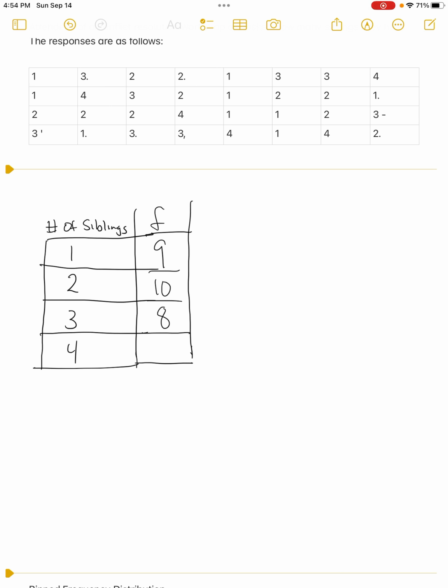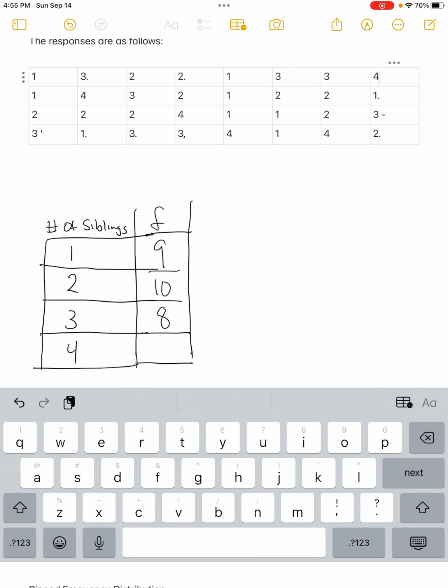Okay, I'm going to pause there. So on your paper, I can't really do it very well here, but you can cross out, so you're not having to see so much. But be careful in your cross-outs that you make it so you can still see the numbers that aren't crossed out. And so at number 4, I've got to look at 4 siblings.